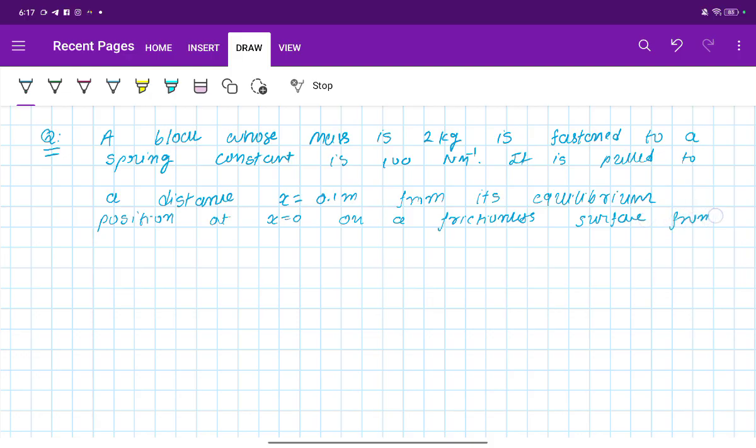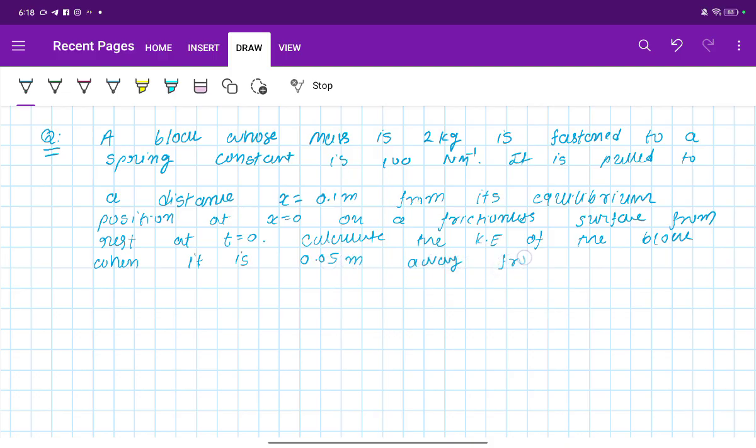From rest at t = 0, calculate the kinetic energy of the block when it is 0.05 meter away from the mean position.